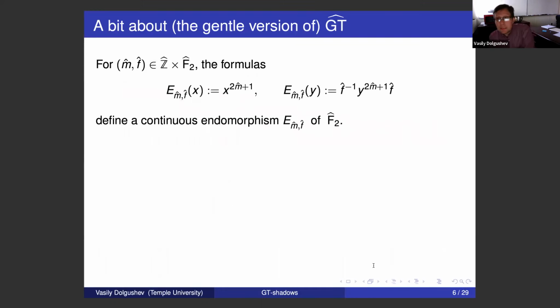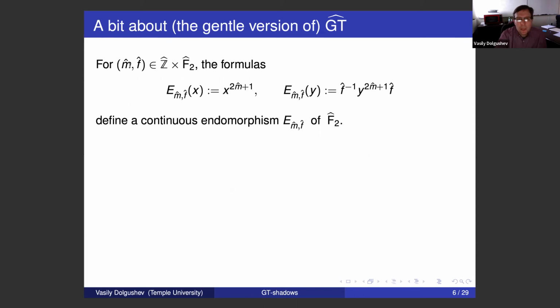So now, let me tell you a little bit more about GT hat. And here is where I'm going to start lying, because I'm not going to talk about GT hat. I'm going to talk about what I call the gentle version of GT hat, which is slightly simpler. For the rest of the talk, I'll just call it GT hat, even though it's a version of the original GT hat.